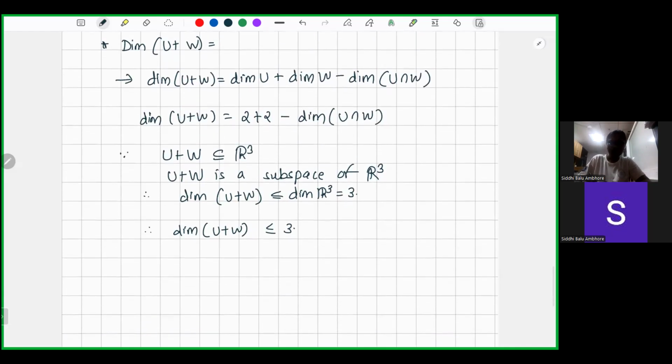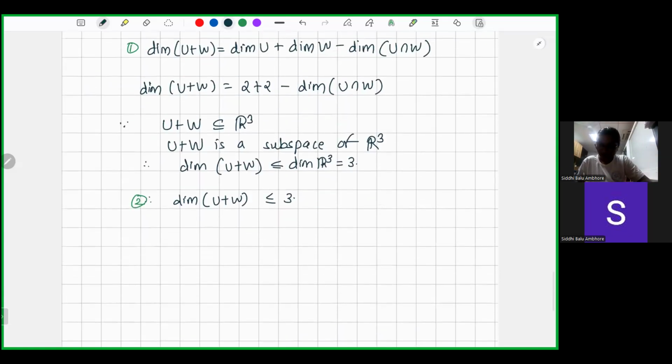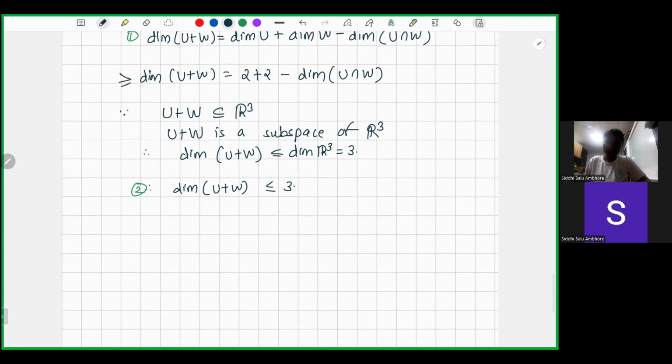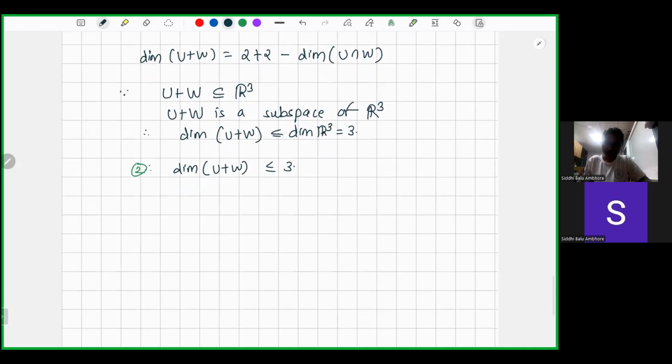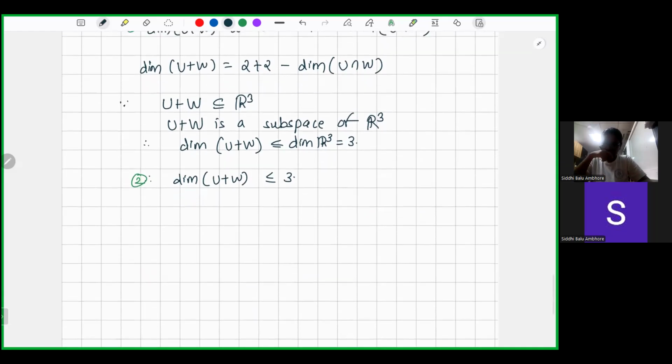So using these two facts, we get that this has to be less than or equal to 3. So we have this 2 plus 2 minus dimension of U intersection W, and dimension of U plus W is less than or equal to 3.